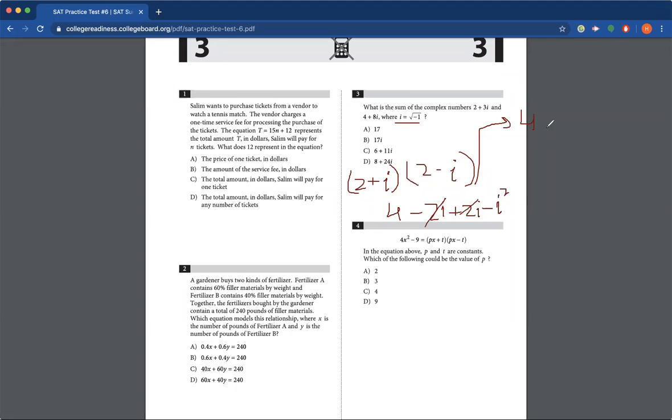A negative of a negative makes a positive. So this is equal to 5. Because if we dissect negative i squared, this is the same thing as saying minus of -1, which is plus 1. Okay? Did you get that?